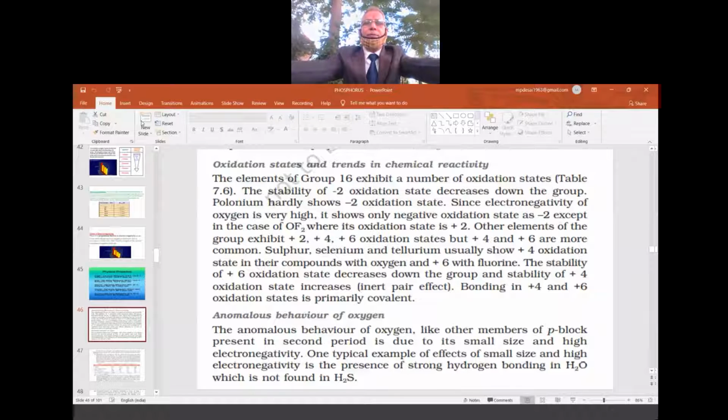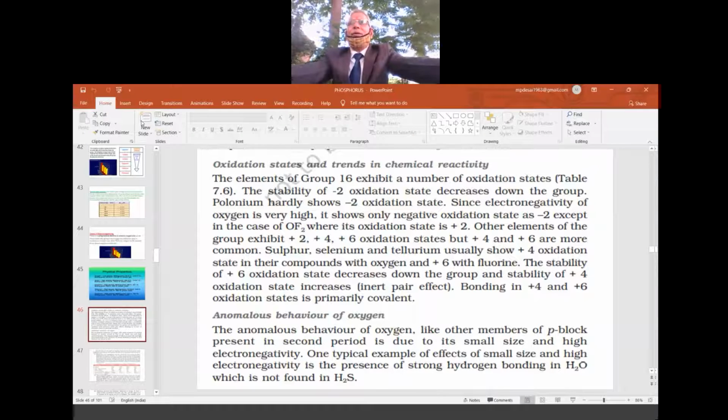Plus 2 is due to the two unpaired electrons in the p, plus 4 is when all the electrons of the p take part in general, and plus 6 is when along with the p orbital, the s orbital also takes part in the bonding. So we can conclude that other members except oxygen, from oxygen onwards downward, have plus 2, plus 4, plus 6 dominating.